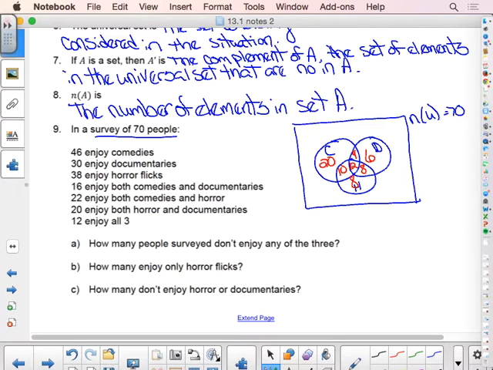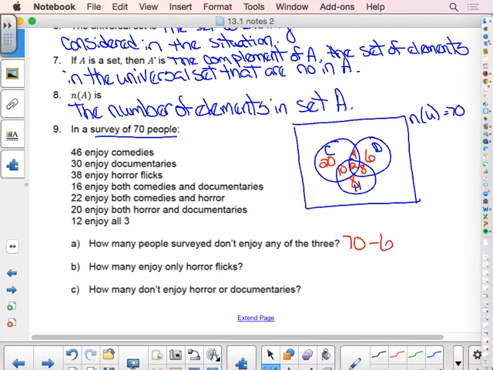A says, how many people surveyed don't enjoy any of the 3? So the universe is 70. If you add up all of the people who like comedies, documentaries, and horrors, there's 30, 40, 50, 64, 65, 66, 67, 68.